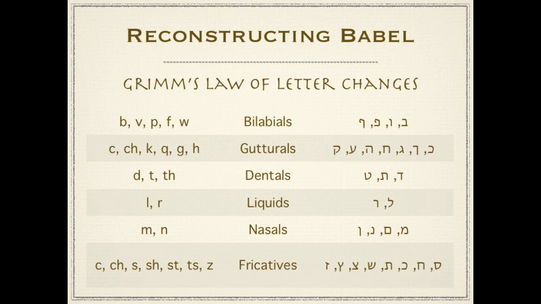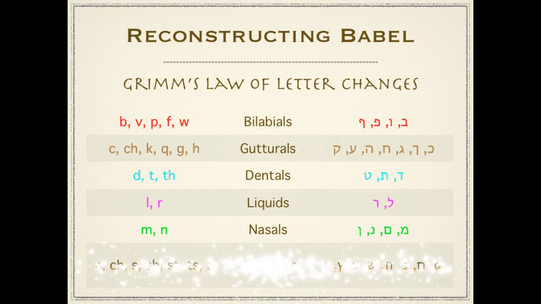Instead of the alphabet, borrowed from Aleph Beit, here are English and Hebrew letters arranged by the part of the mouth used to make the sounds. Here are the interchangeable lip letters, or bilabials, the interchangeable throat letters, or gutturals, the interchangeable tooth letters, or dentals, the interchangeable tongue letters, or liquids, the interchangeable nose letters, or nasals, and the interchangeable whistling letters, the sibilants, or fricatives.